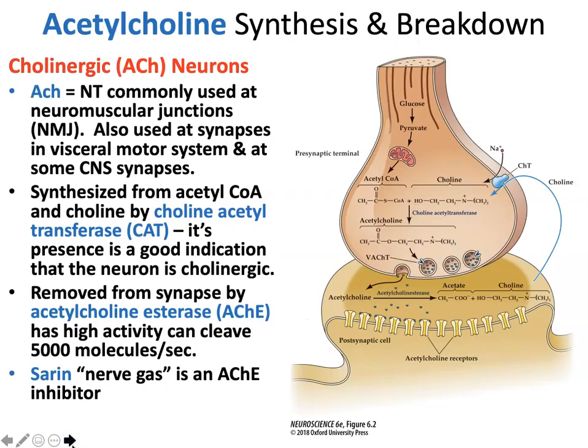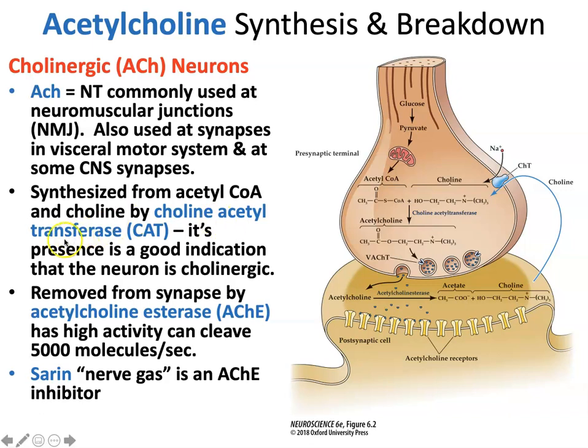So to talk about the chemistry: how is acetylcholine synthesized, and how is acetylcholine broken down? Your book actually gives you this diagram, and I think it does a very good job explaining how acetylcholine is synthesized.